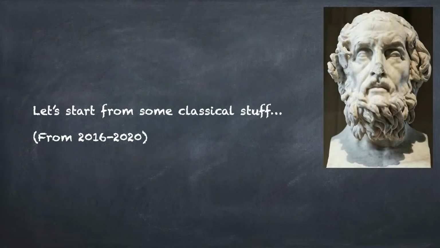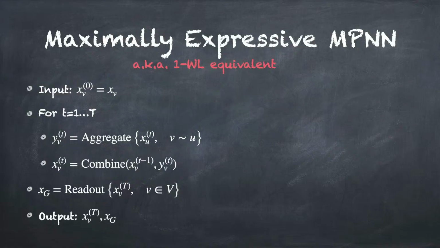We'll start with some classical results from 2016, which were probably mentioned to a certain extent already. First of all, message passing neural networks, which certainly were mentioned. In our context, what's important to note is that we start with the node features, and then we have permutation invariant functions, multiset functions, where we aggregate over the neighbors.